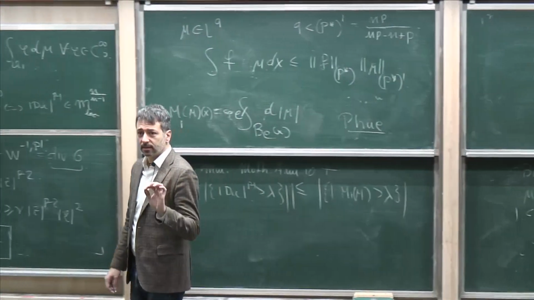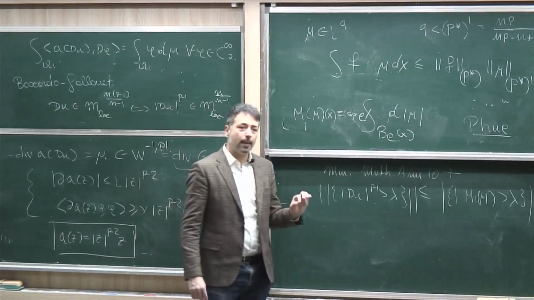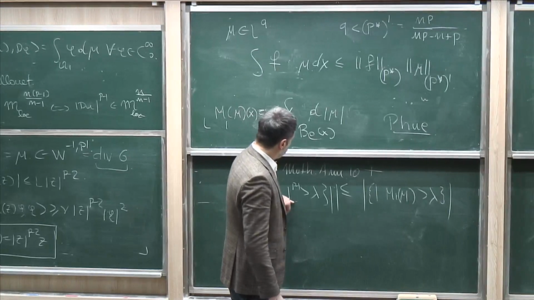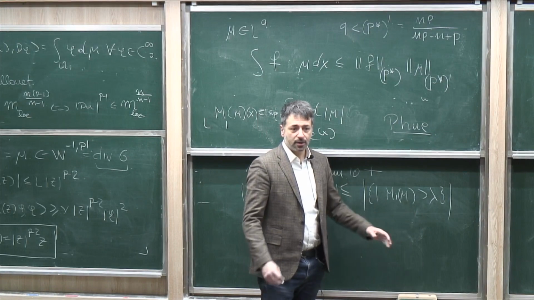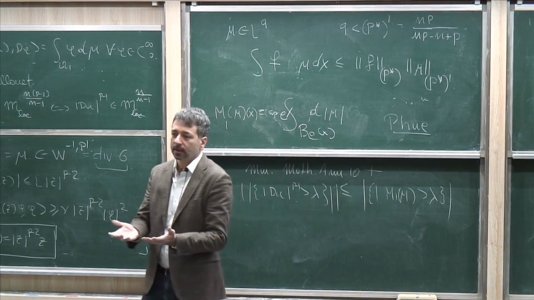So this is, in a certain sense, a first type of decoupling the solution from the data via a fractional operator. So this is a level set estimate that is a global estimate.